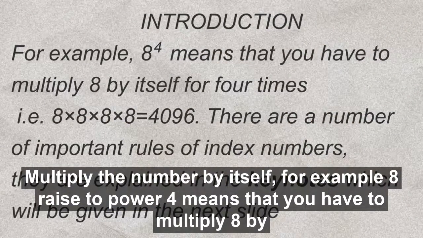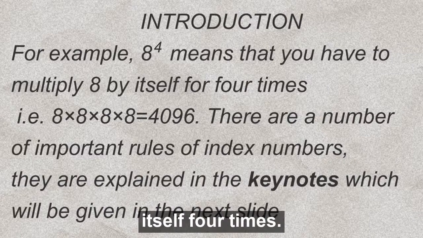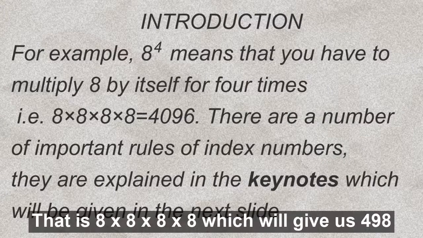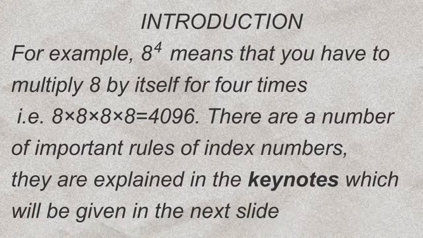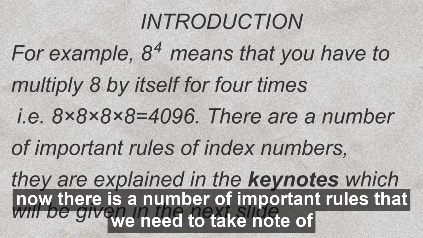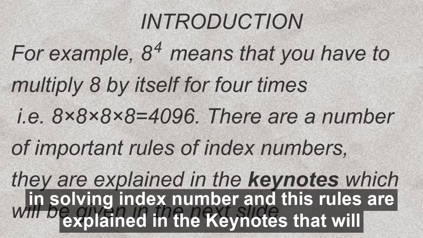For example, 8 raised to power 4 means that you have to multiply 8 by itself 4 times. That is 8 times 8 times 8 times 8, which will give us 4096.